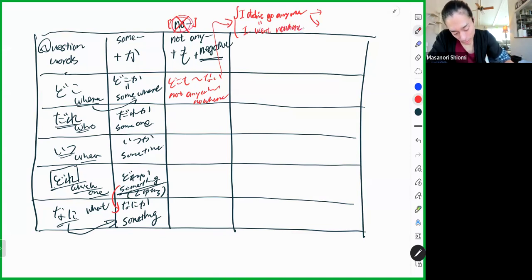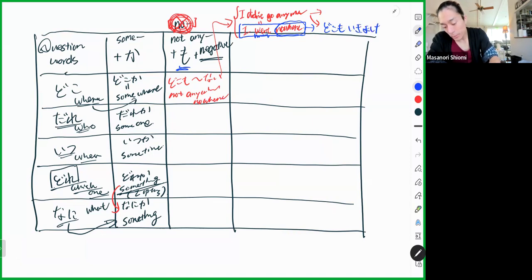If you memorize it as no something, then it is possible that you try to do literal translation and be like, okay, どこも means nowhere. So I just have to say went. So it will be どこも行きました. This is the common mistake that people make because they memorize どこも as nowhere here.